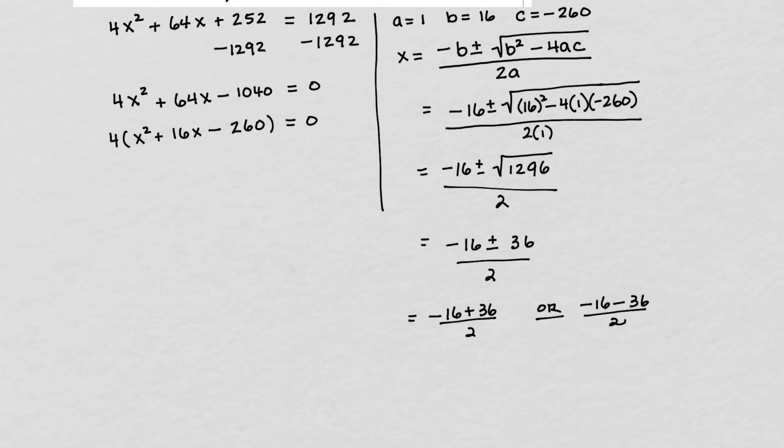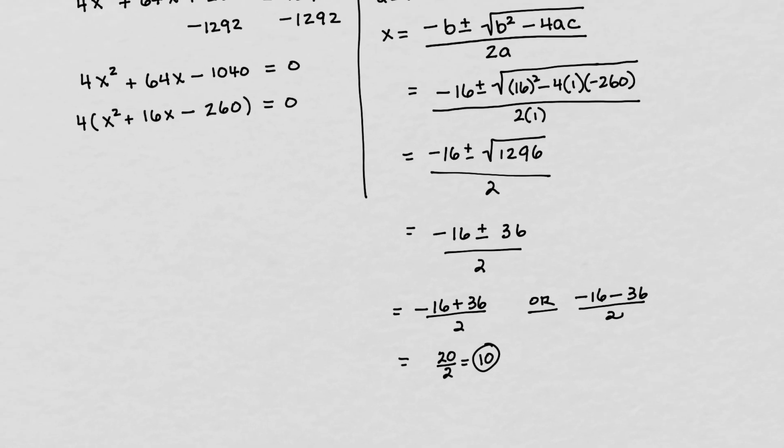But x is the width of our walkway. So we know that that has to be a positive value. 36 minus 16 is 20. Divide by 2, and we get 10. So that looks like a good answer.